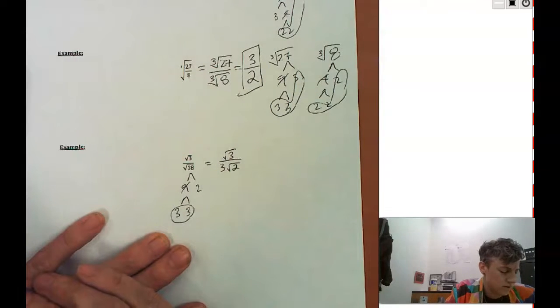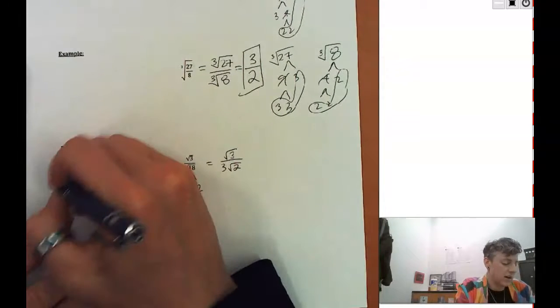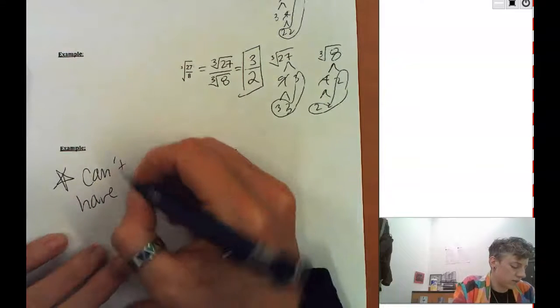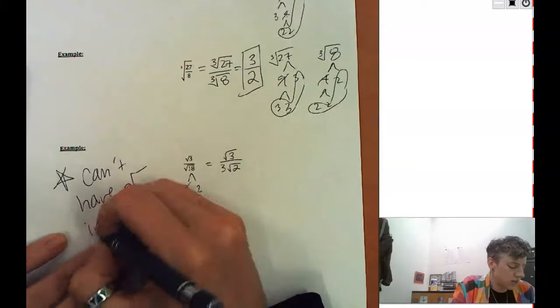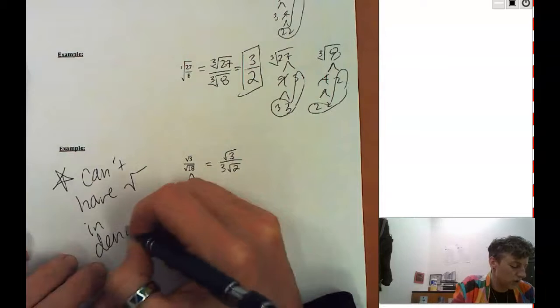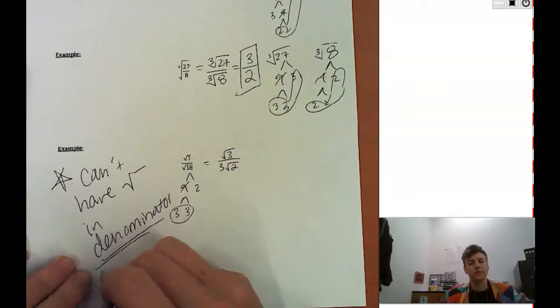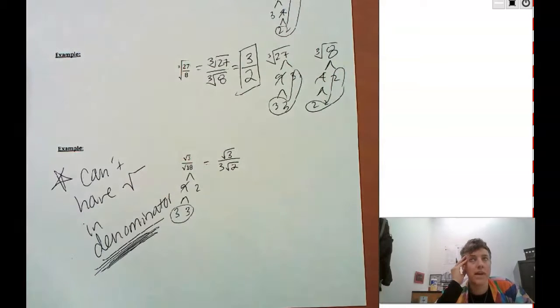Huh. You know what the problem is? We're not allowed to have square roots in the denominator. Can't have roots in the denominator. Can't do it. Not allowed. Why? It goes back to ancient times when we did division longhand. We didn't have calculators to do our division for us.